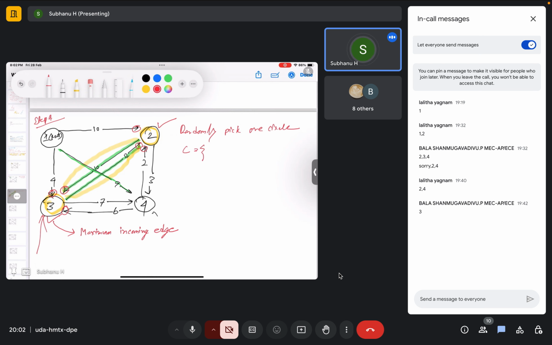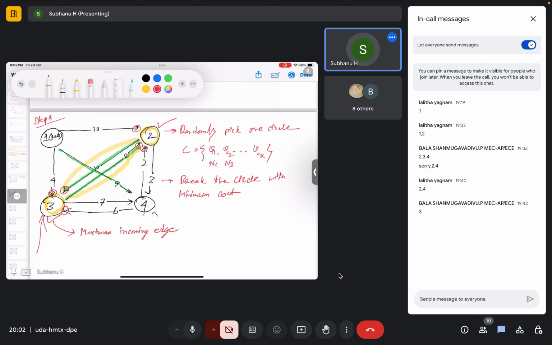The circle should contain the vertices, here I have node 2 and node 3 like this. The circle itself is optional, and we only need to break the circle with the minimum cost. So what is my objective here? My objective is to break the circle with minimum cost. Fine.